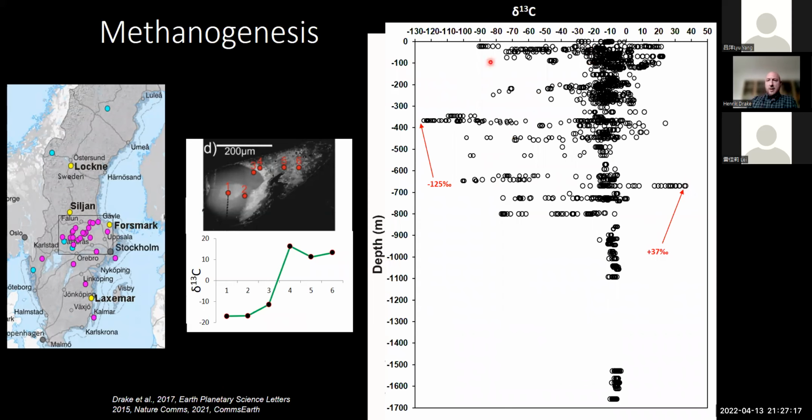And these large ranges occur down to 800 meters and then they stop. So it seems that at these times when these microbes lived, the conditions were suitable in the upper almost 900 meters, and then they were not suitable anymore.